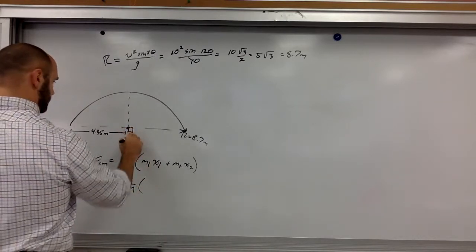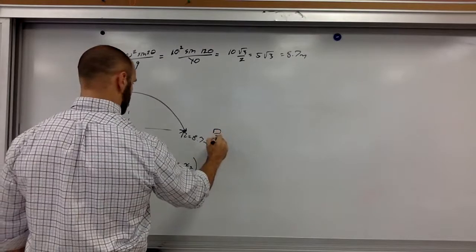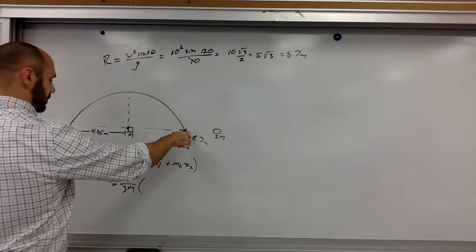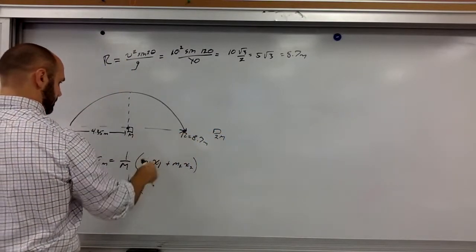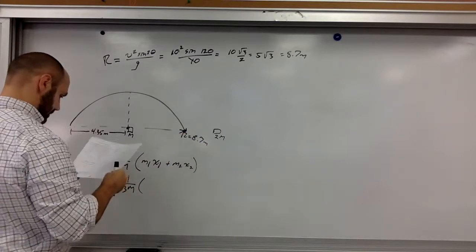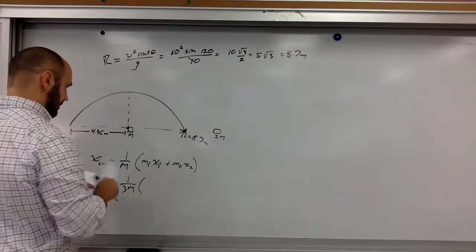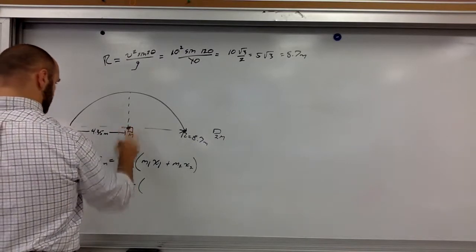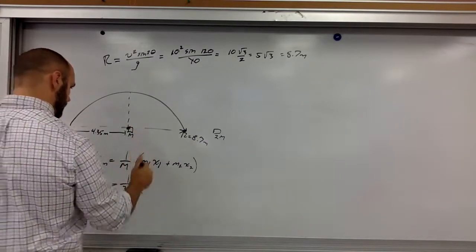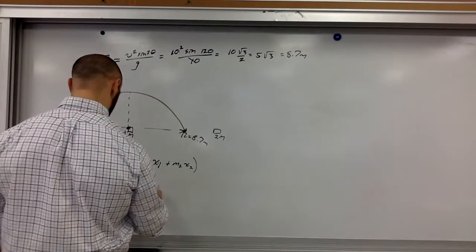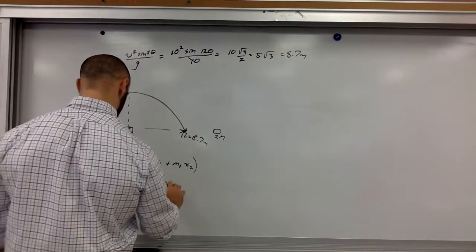This is just the m, and somewhere over here is going to be 2m. If I take this as my origin, that makes that piece go away. So 1 kilogram times 0 meters, that's easy.